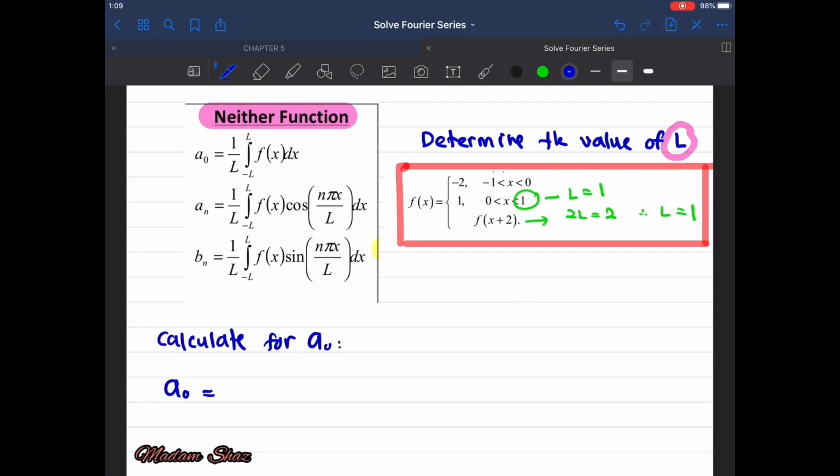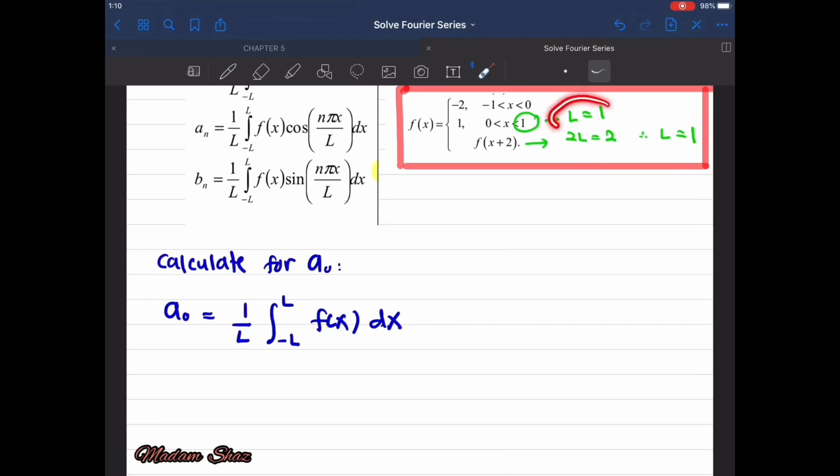a0 is equal to 1 over L, integrate from -L until L, f(x) dx. We have determined our L is equal to 1, so we substitute L equal to 1 and f(x) into the formula.